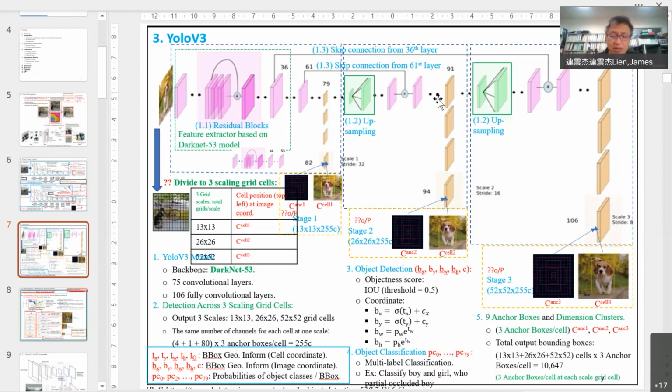So the same here, they become the other scale. The scale becomes 2 times the first one. So here the second scale is 26 by 26. And they do upsampling again. So they have 3 scales, and this becomes 52 by 52.